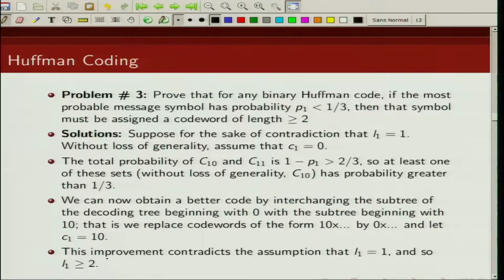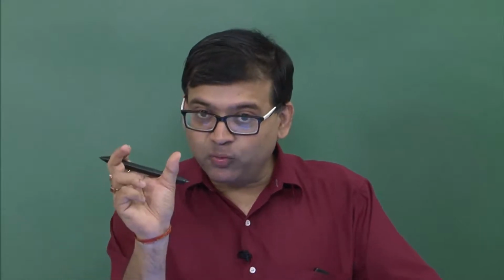As I said, this improvement contradicts the assumption that the most probable message symbol has code word length 1, and hence this symbol must have a code word of length at least 2. It cannot have code word length of 1.